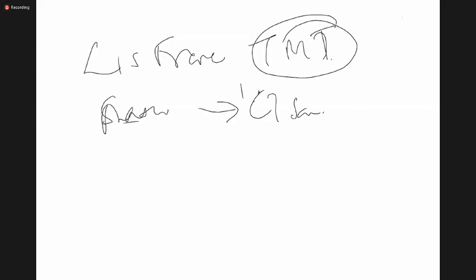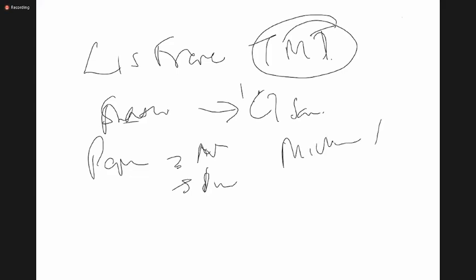A Lisfranc injury is really referred to an orthopedic surgeon. If it's completely undisplaced, sometimes they may elect to manage it non-operatively, but sometimes they do surgery, because if you don't manage them, they may end up with a midfoot collapse, a flat foot, and a deformity of the midfoot, which is technically difficult to treat.